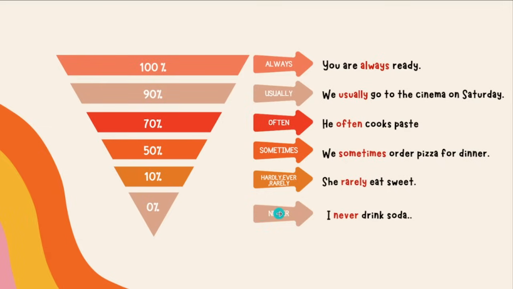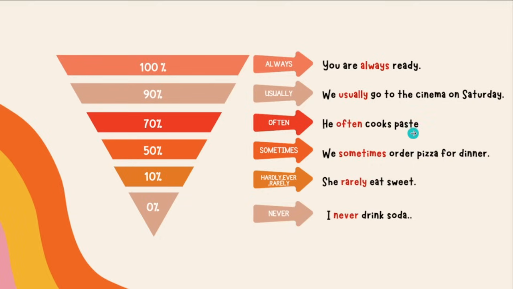You never do this. That's why it's categorized as 0%. Hardly, 10%. Sometimes, 50%. Often is 70%. Usually is 90%. And always is 100%.